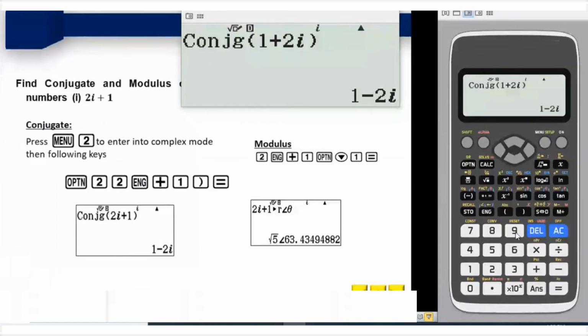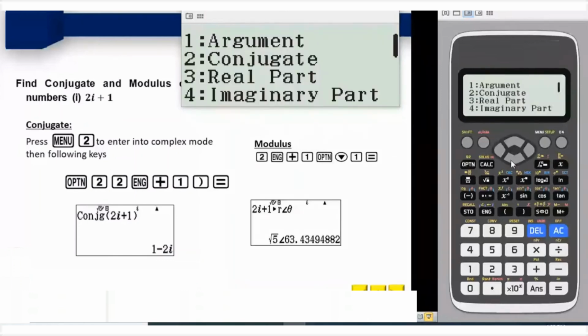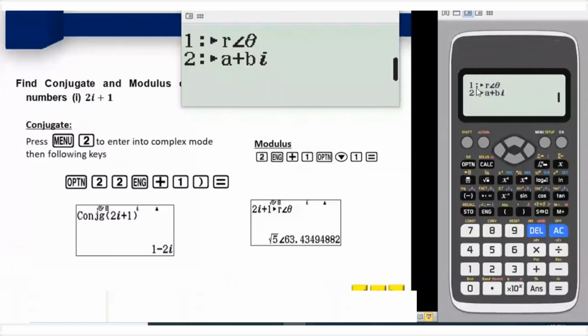Next, you need to find the modulus. To do so, you will first write the function, that is 2 iota plus 1. Then you press OPTN and scroll down. When you scroll down, it shows r and theta and a plus b iota.